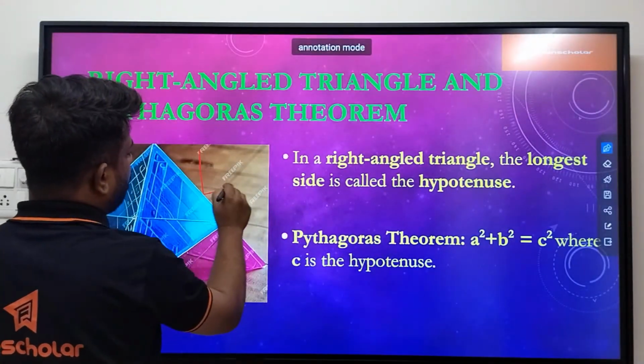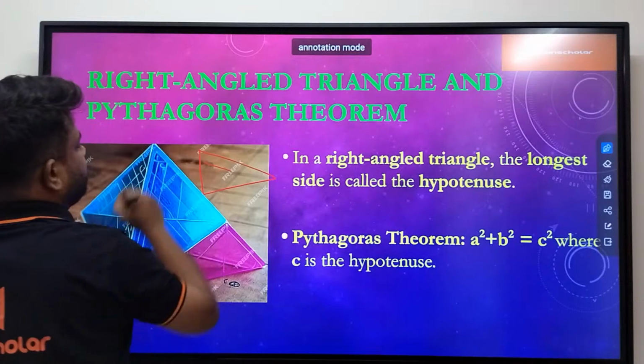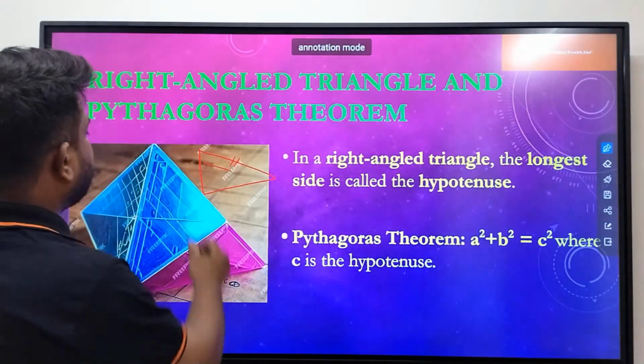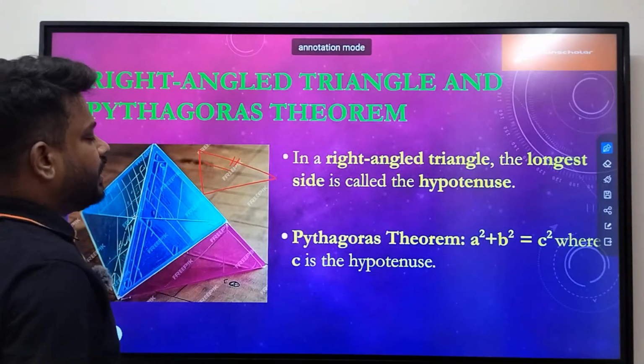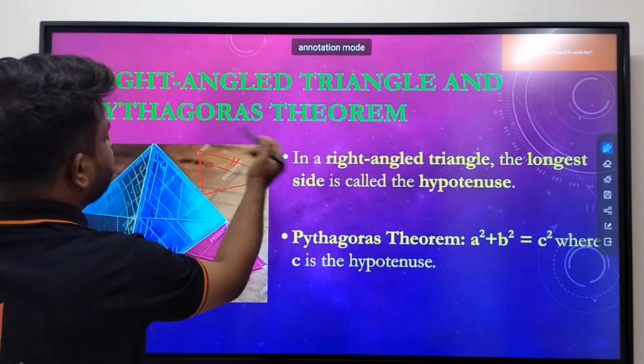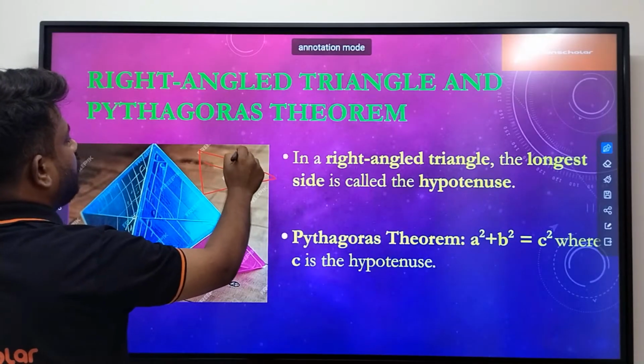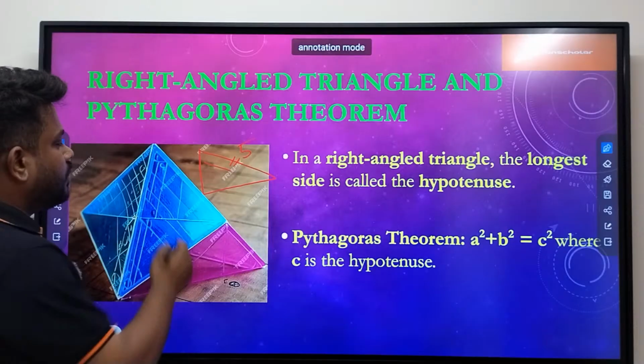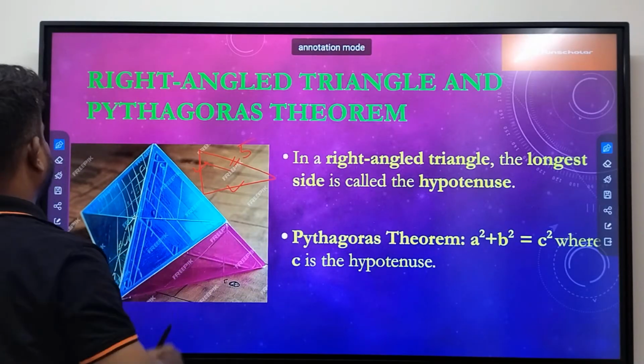So if I draw a right angle triangle like this, the biggest side of this triangle is this one, and this one will be called the hypotenuse. And if I square the value of this one, it will be equal to the sum of the squares of these two sides.